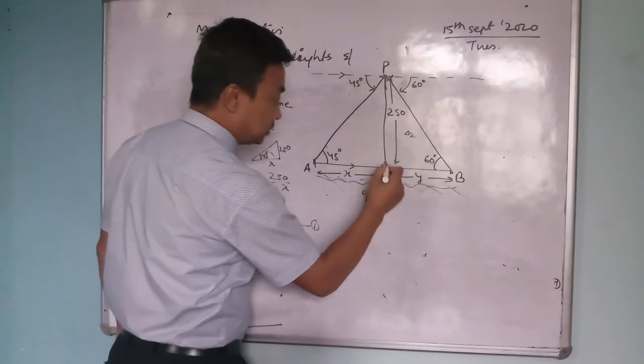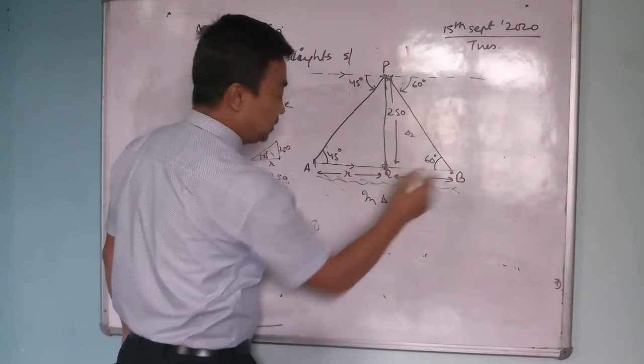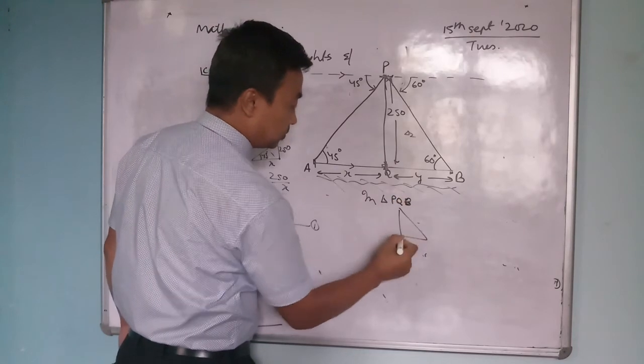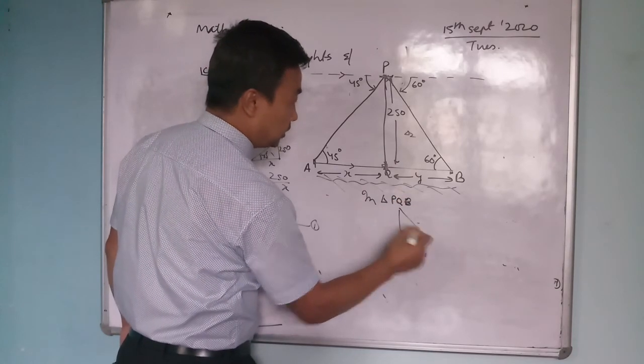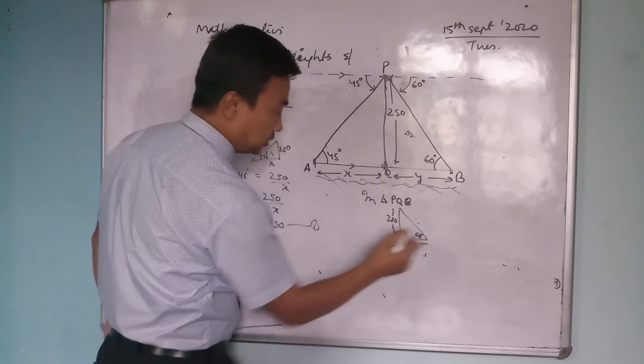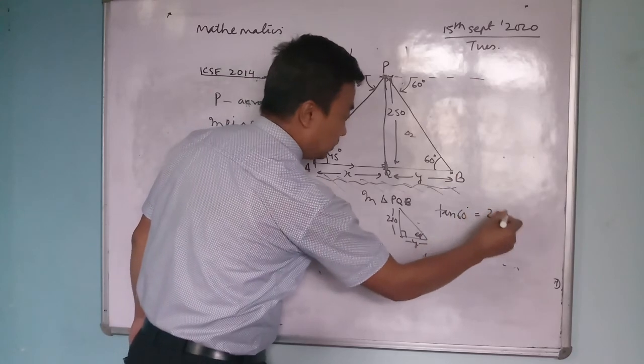Alright? Now you go to the second triangle and there you find another distance. In triangle PQB, this is 60 degree, this perpendicular is 250 and the base is y. So again take the same thing, tan 60 equals 250 by y.